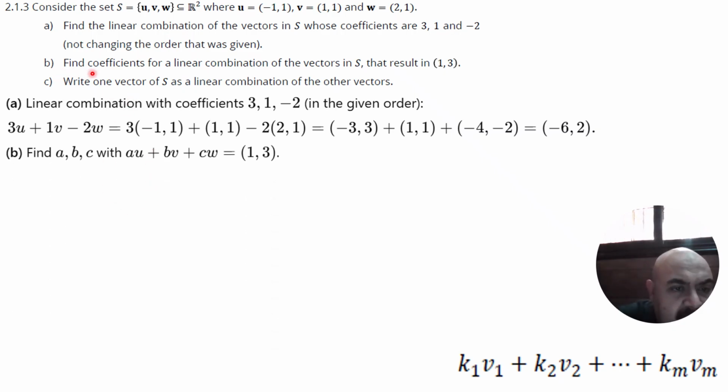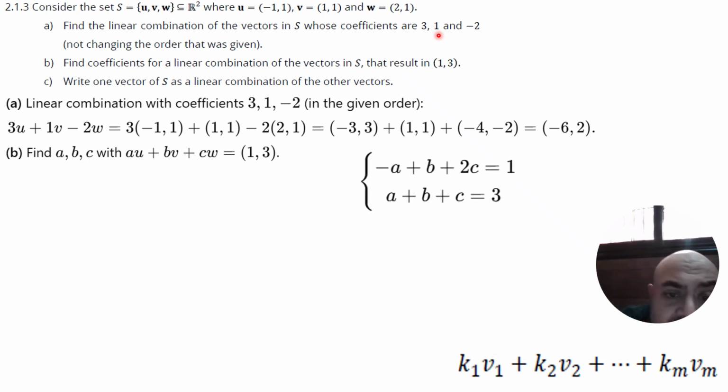Also, he is asking you to find coefficients for a linear combination of vectors in S that results in 1 and 3. So he needs you to show how 1 and 3 is a linear combination of u, v, and w. We already saw problems like this in this session and in the previous session. All I have to do is form this system of equations: first vector times a, second vector times b, third vector times c, equal to 1 and 3, the vector that I want to find the coefficients that will generate it.